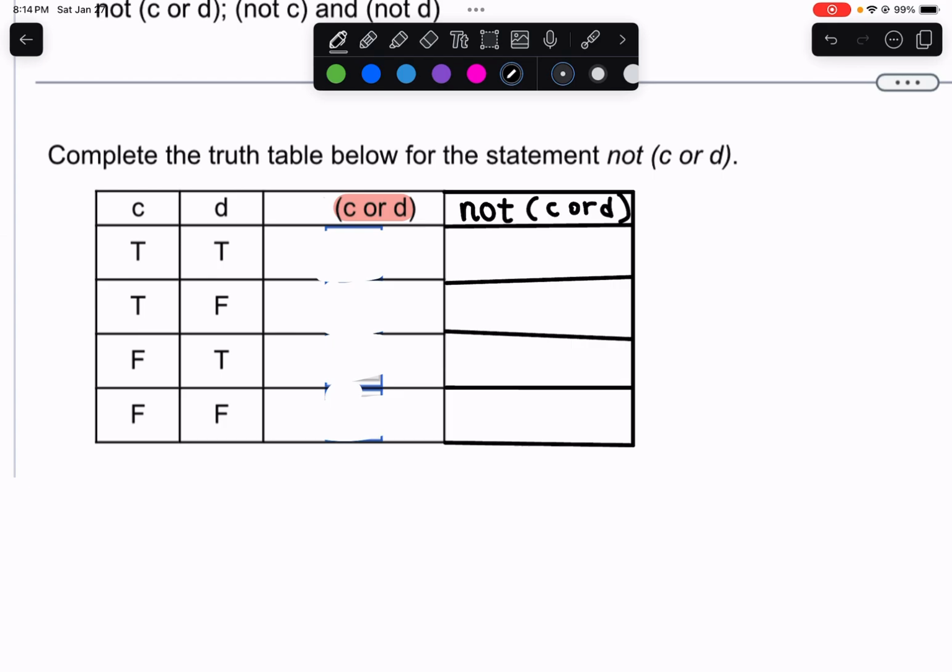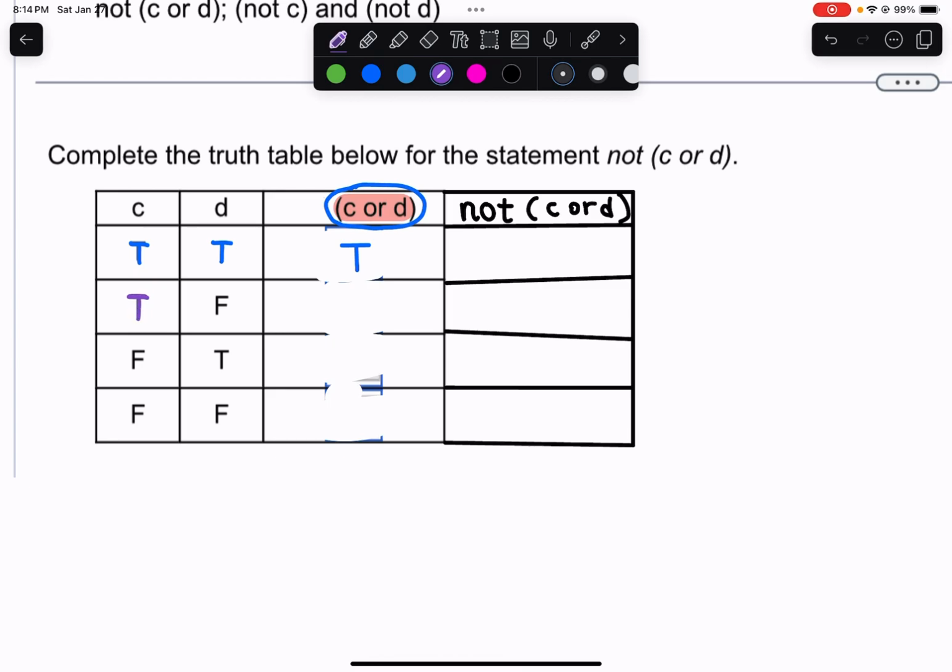All right. So remember, this is a disjunction. C or D is true if one of them or both of them are true. So if one of them is true, this entire thing is going to be true. So look, for the first row, both C and D are true. So C or D will be true. The second row, well, one of them is true, right?